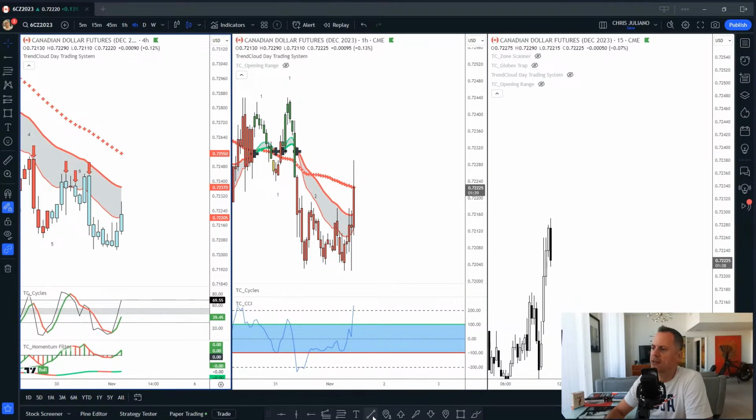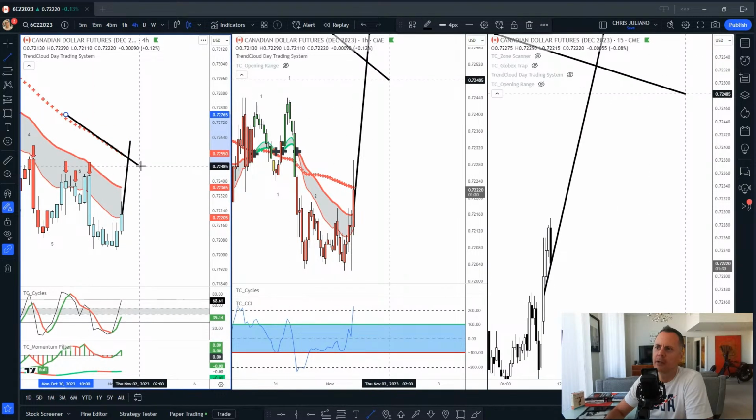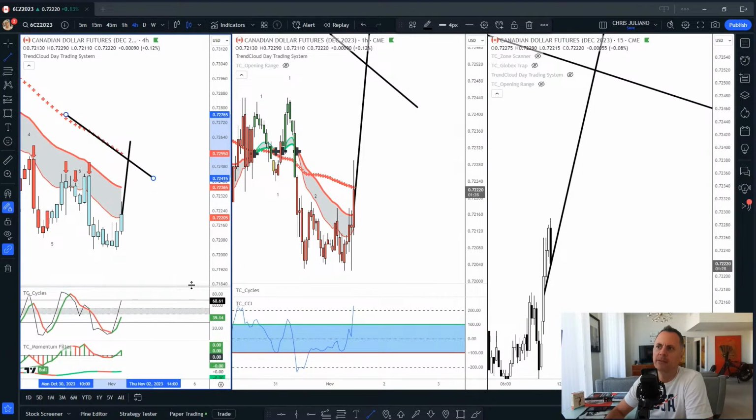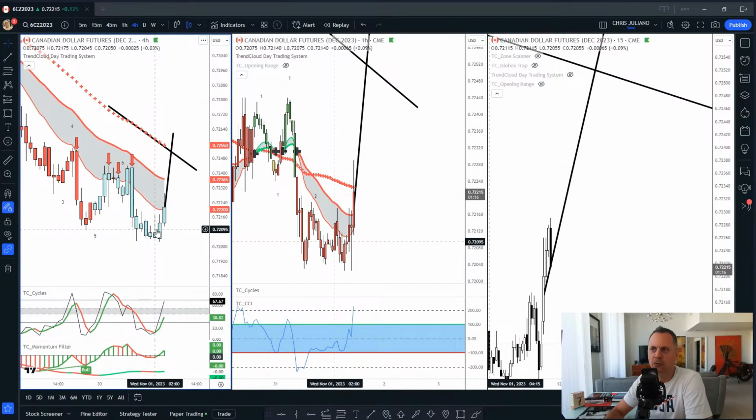Because what we're saying is, because we're extended, price wants to at least go somewhere above that 50 simple on any time frame that you're on. Okay, any time frame that you're on, that trend cloud turns the candles ice blue.